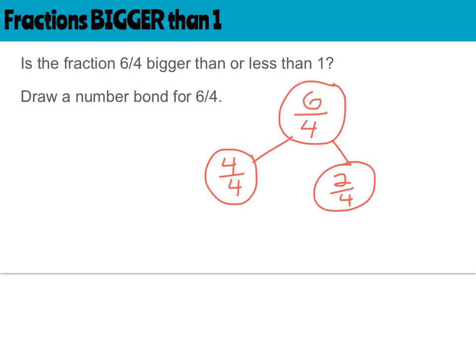So basically that means 4/4 plus 2/4 equals 6/4. So if I wanted to write that as a mixed number, I can say 4/4 is 1 whole, and I have 2/4 remaining. So when we get fractions written as 6/4 that are bigger than 1, it can be helpful to make a number bond and figure out what the answer is as a mixed number. So when we're plotting on a number line, we know how much past 1 whole to go.